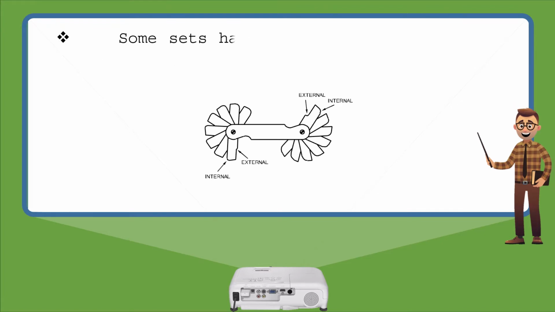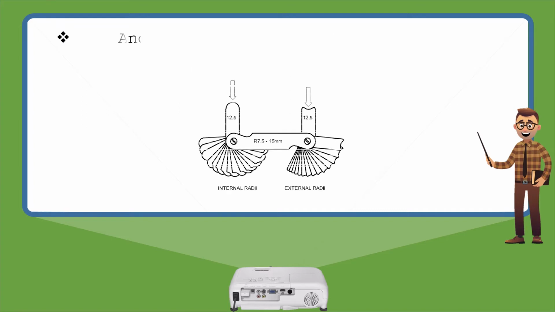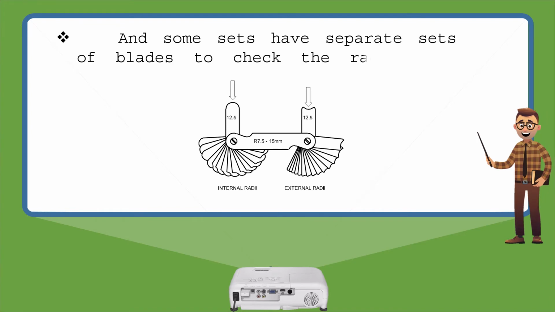Some sets have provisions to check the radius and fillet on each blade. And some sets have separate sets of blades to check the radius and fillet.